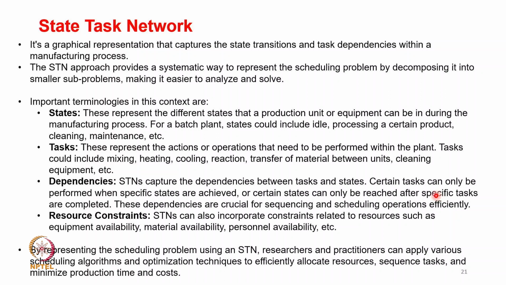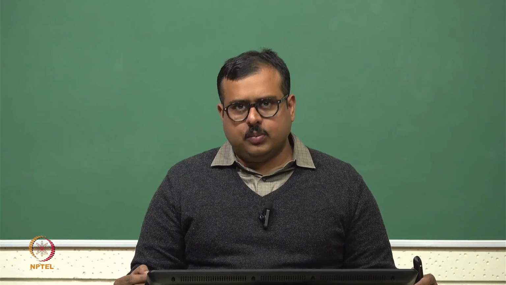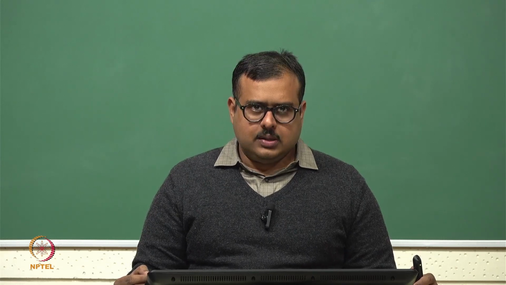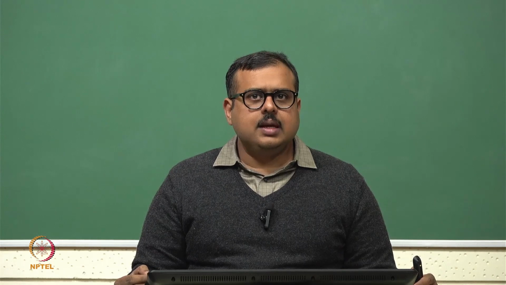For instance, you can only clean up a vessel once the product has been made and transferred. So you cannot invoke a cleaning process in the middle of a production process. You have to wait until the production is completed, then you invoke the cleaning process. So this dependency is always there.